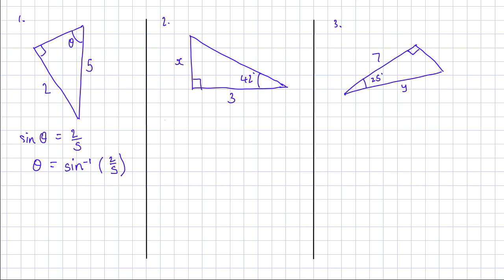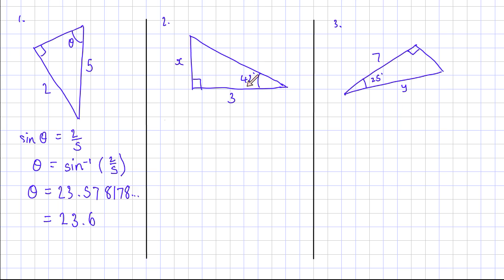And then this is when you're going to need to use your calculators. So put this into your calculators, and I've done this, and the answer is theta is equal to 23.578178, and so on. And if you're rounding it to one decimal place, it's going to be 23.6.